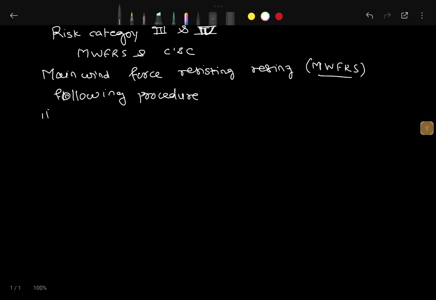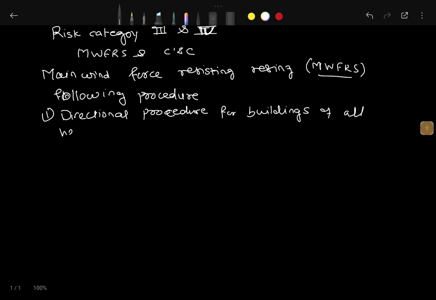So the first method is the directional procedure for buildings of all heights, as specified in chapter 27.